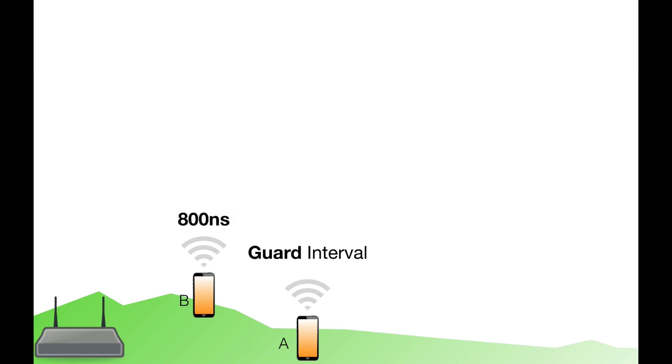Mostly we use a guard interval of 800 nanoseconds, but since 802.11n we can also use a short guard interval of 400 nanoseconds. It can help you increase the throughput in your Wi-Fi deployment, but don't use a short guard interval whenever you have a high density deployment.